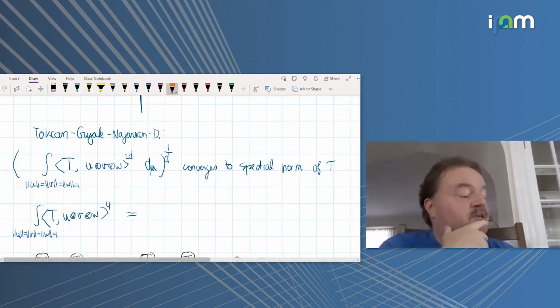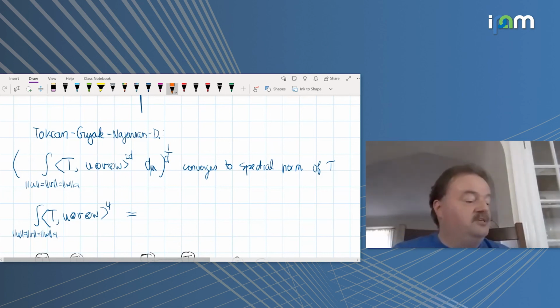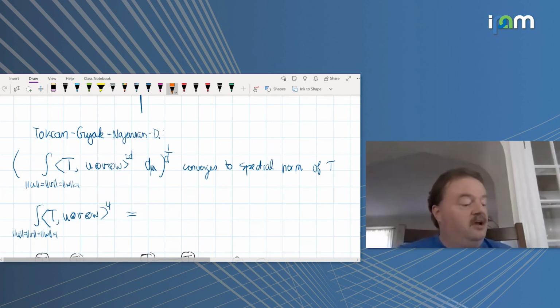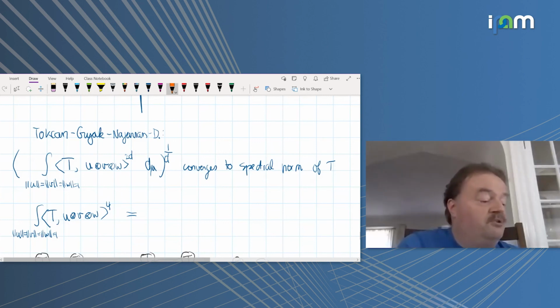You take the 2d power and you integrate this over the product of spheres, and then you take the dth root of that. Well, if d goes to infinity, then this converges to the spectral norm of a tensor, and this spectral norm is difficult to compute. So having approximations that we could easily compute would be very useful.